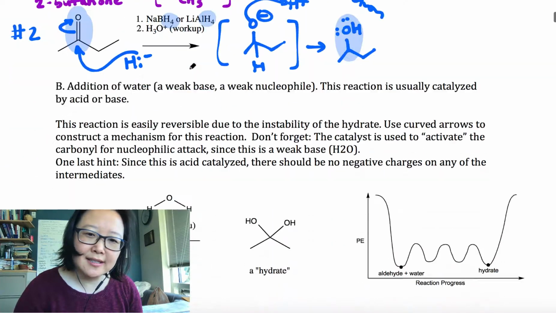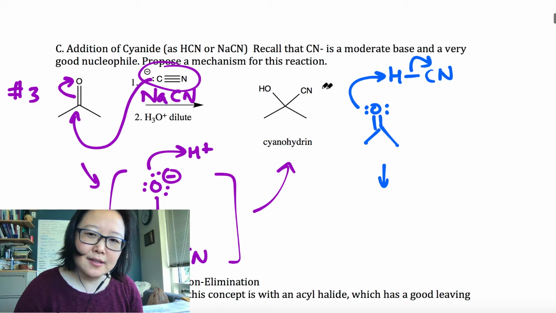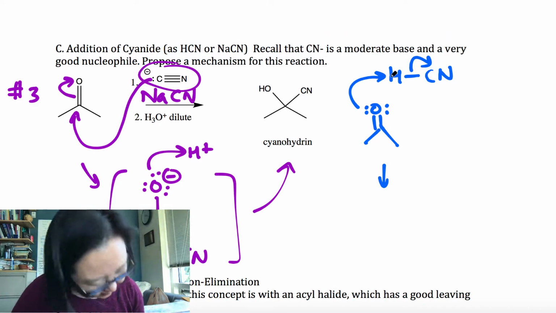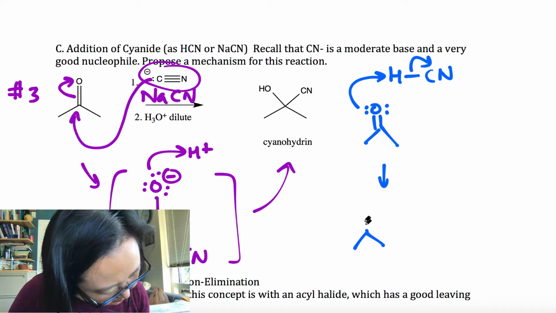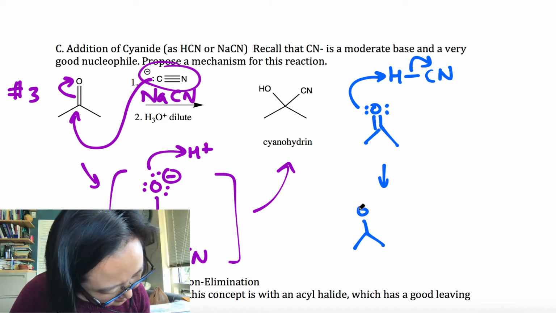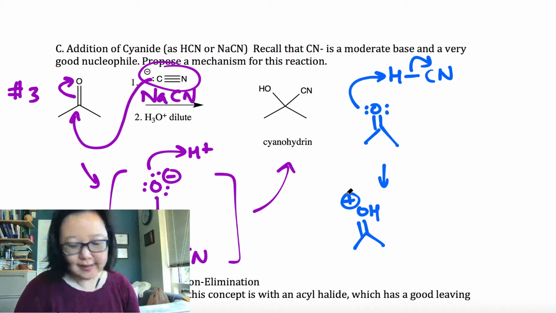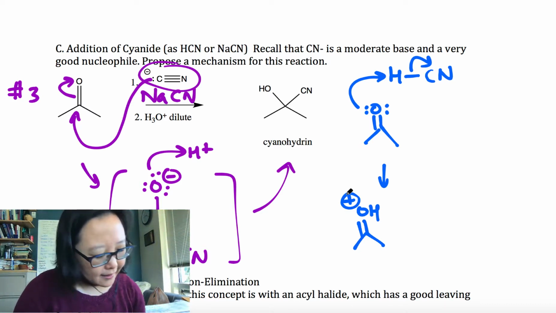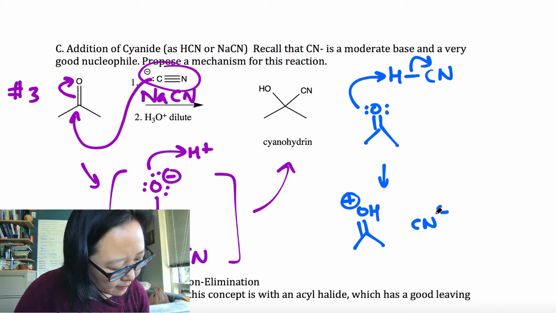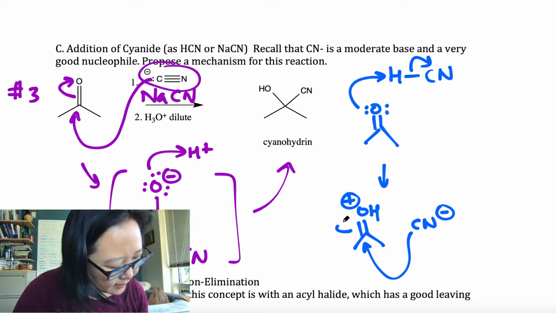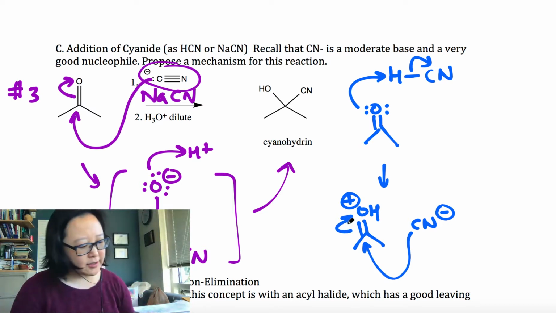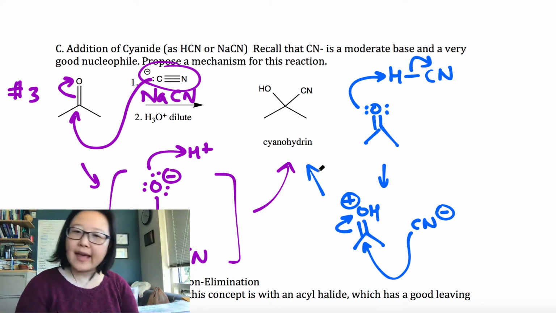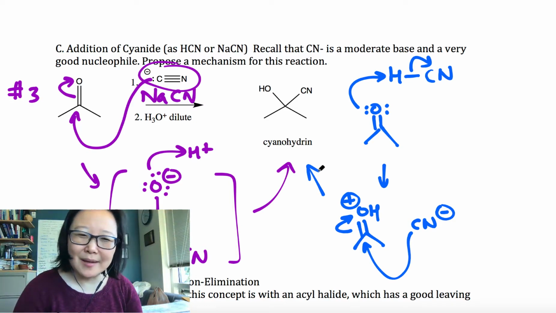So oxygen tends to, because of its lone pairs, get protonated. It's usually a pretty good base when it comes to being in an acidic solution. So then we end up with this protonated ketone first, and then the cyanide can come in and attack here, and then we can eventually get our cyanohydrin that way. So just be aware of those two separate mechanisms.